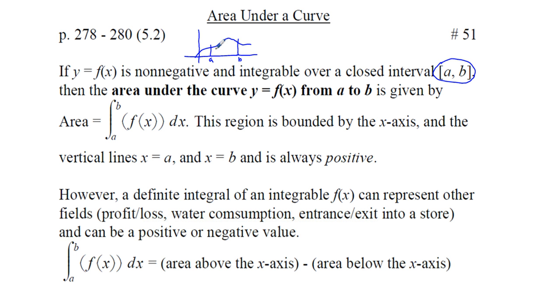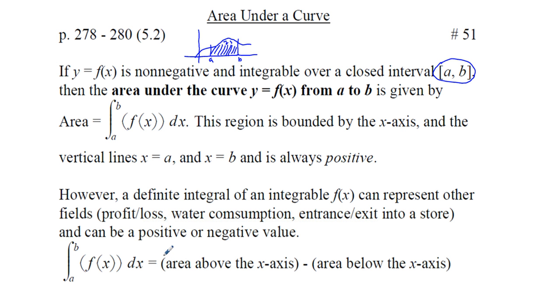The integral from a to b is going to be this area under the curve. However, a definite integral of an integrable f of x can represent other fields: profit, loss, water consumption, entrance, exit into a store, and can be a positive or a negative value.